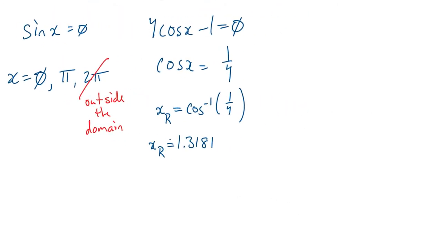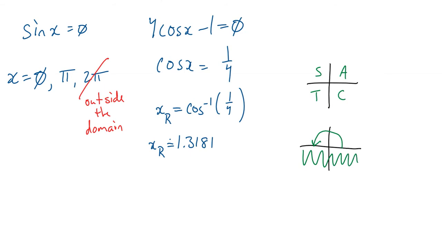Now to solve, again, if you recall, we need to do all kinds of things like the CAST rule. But the other thing in this case we have to remember is that I'm only solving from 0 to pi, not to 2 pi.